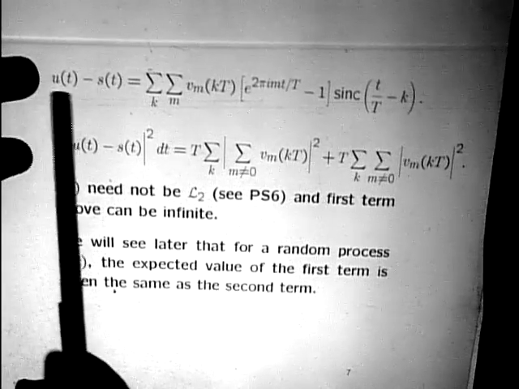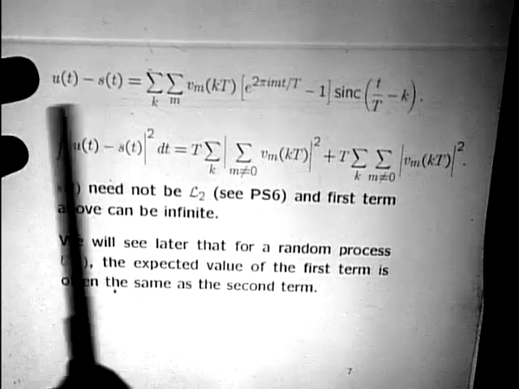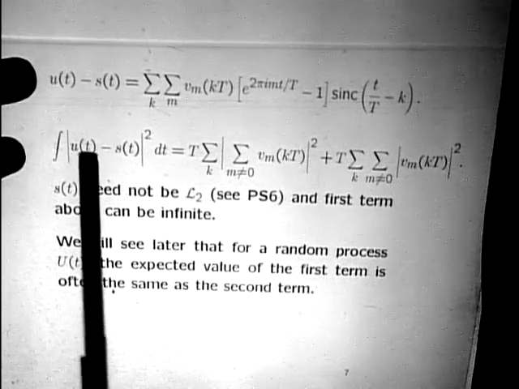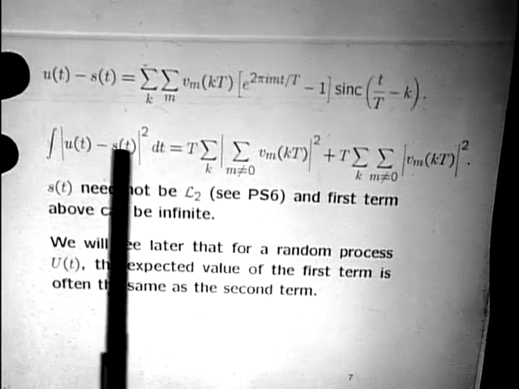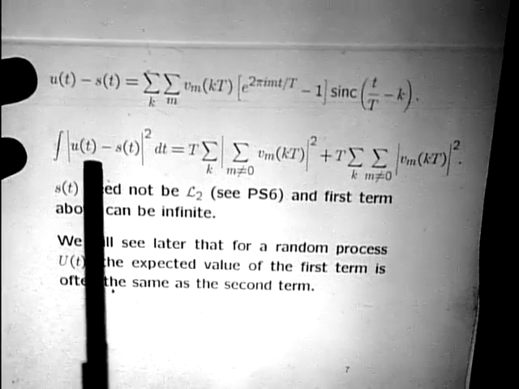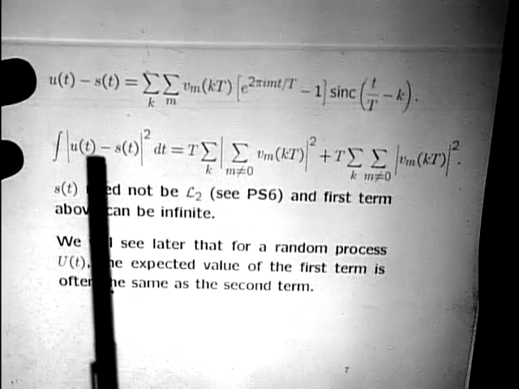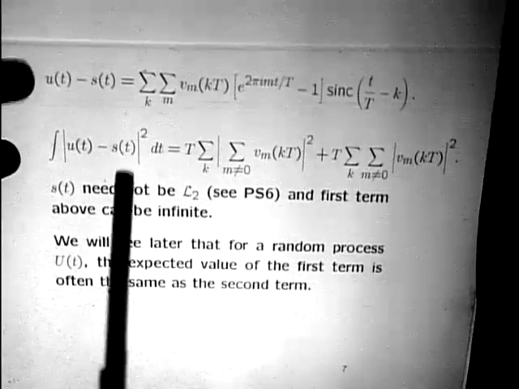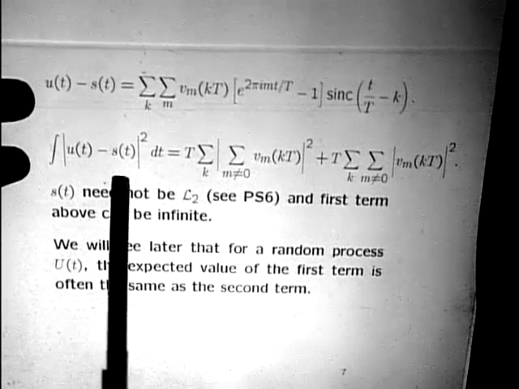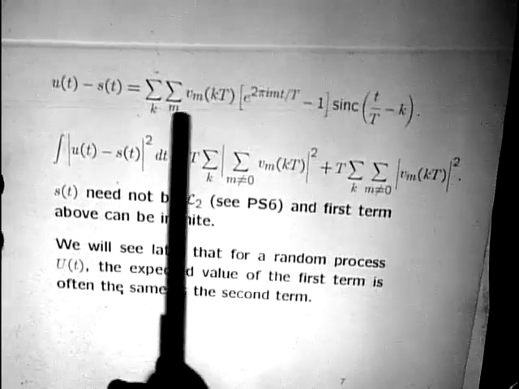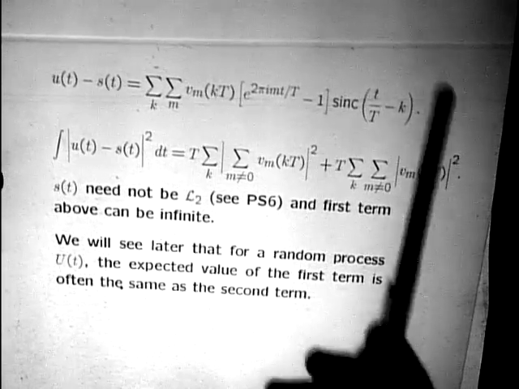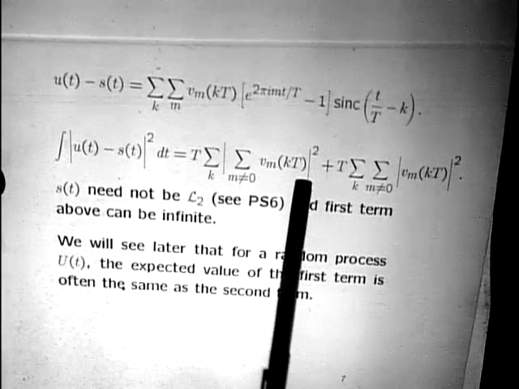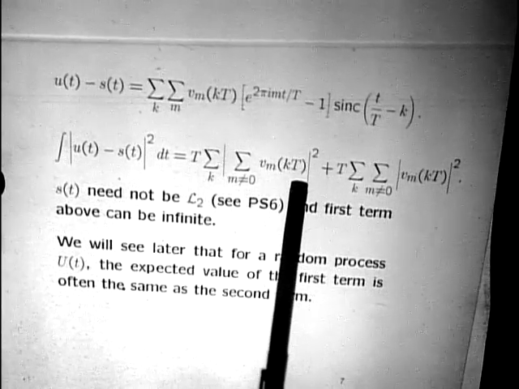If I now try to look at the energy difference between u of t and s of t, because that's what I'm interested in: how much mean square error have I accumulated by taking u of t and sampling it and then viewing it as a low-pass function? Well, we have a set of coefficients here and a set of functions here. These functions are all orthogonal to each other. Why are they orthogonal?